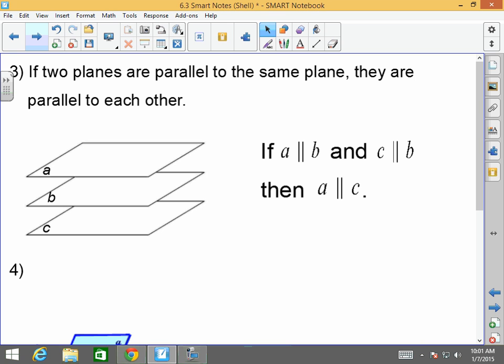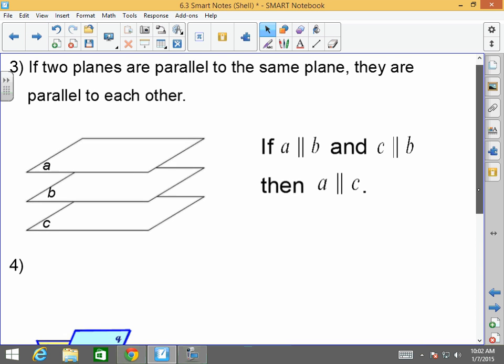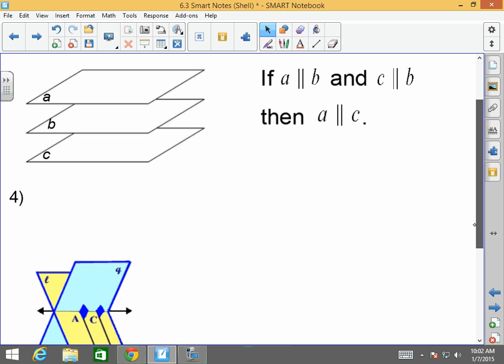If A is parallel to B and C is parallel to B, then A is parallel to C. If plane A is parallel to plane B and plane C is parallel to plane A as well, then plane C is parallel to plane B as well, then plane A is parallel to plane C.